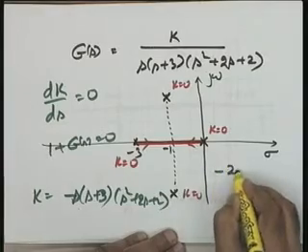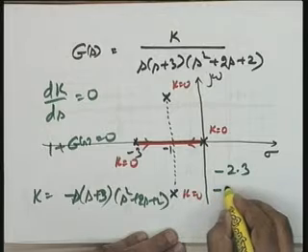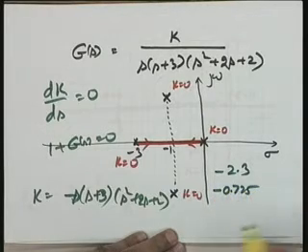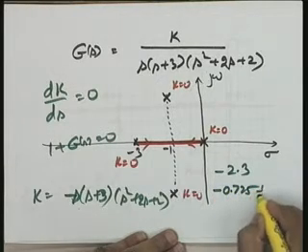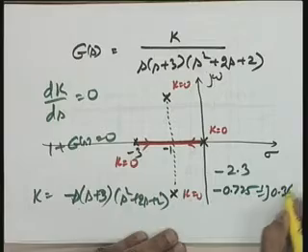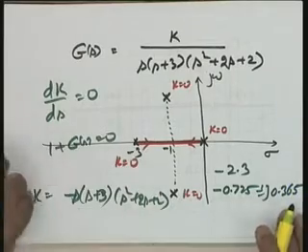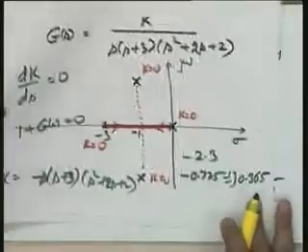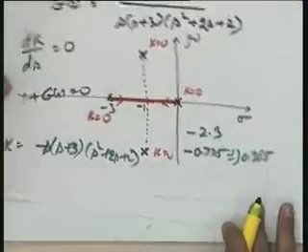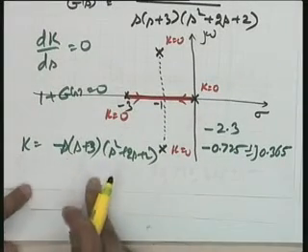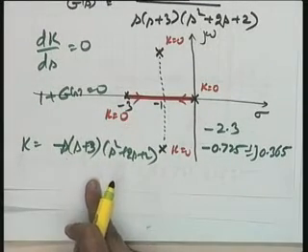The answer available with me, for example, the complete answer, is minus 2.3, minus 7.725 plus minus j 0.365. These are the roots of the equation dk by ds equal to 0, which is a 3rd order equation.